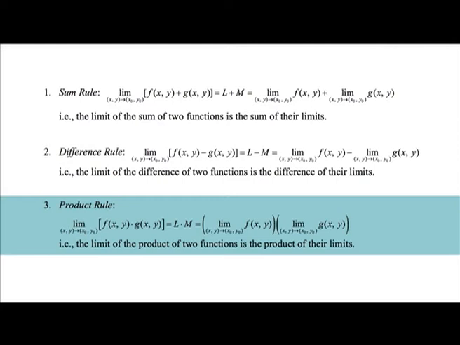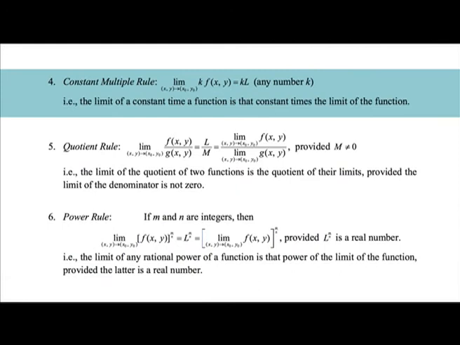That is, the limit of the product of two functions is the product of their limits. Constant multiple rule: the limit of k times f(x,y) is equal to k times L, where k is any real number. That is, the limit of a constant times a function is that constant times the limit of the function.